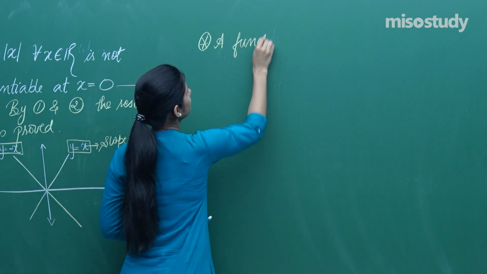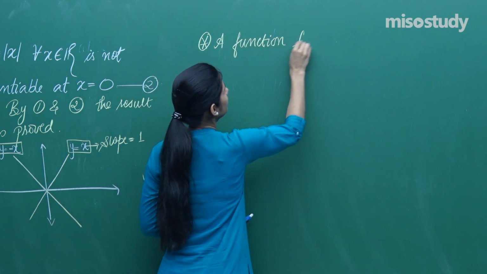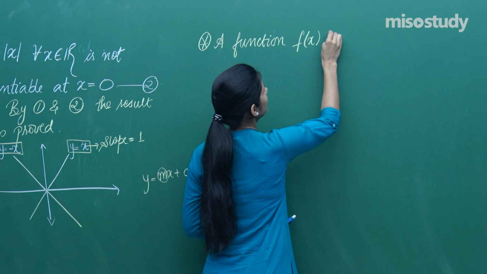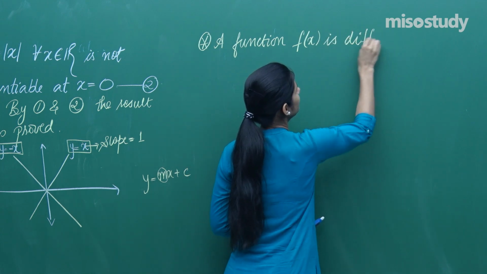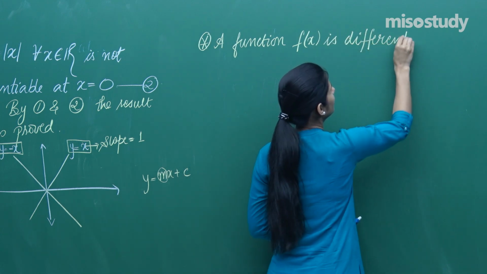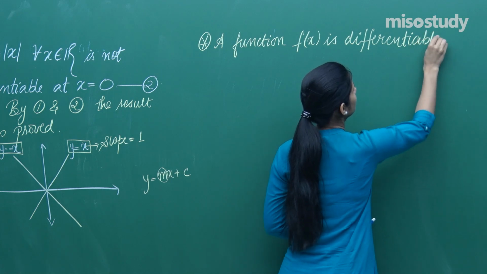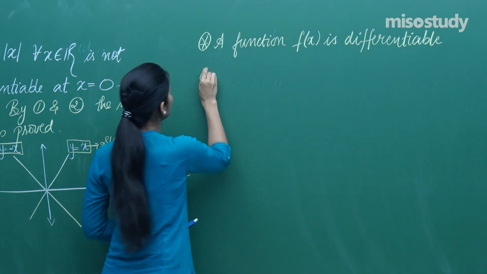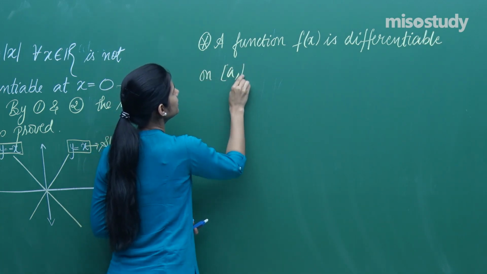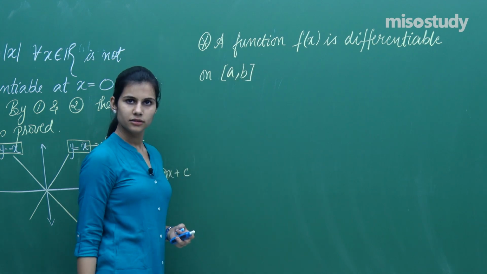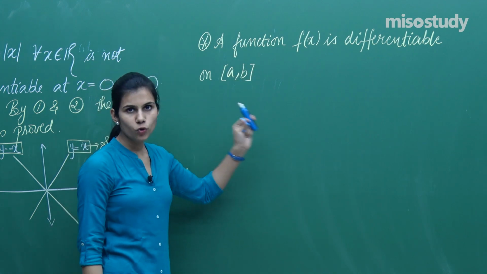A function f(x) is differentiable on closed interval [a, b]. A function is differentiable on closed interval [a, b].